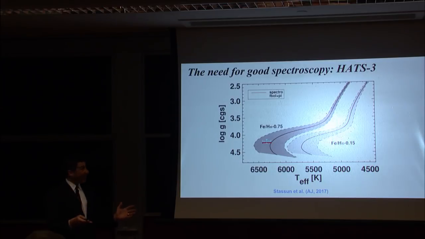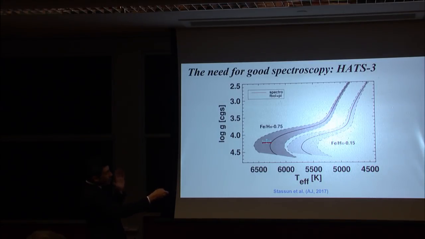So everything's good there. But for the quoted metallicity in the literature for this system, if you believe standard stellar evolutionary models at this level, the star really should be way over here.